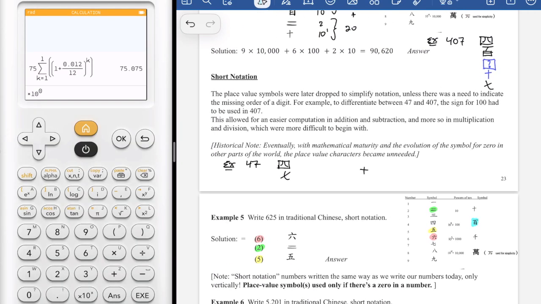I would do the same thing here. This would go. This would go. I didn't have anything for this to begin with, so this is what I'd be left with. So 407 would have the same array of characters as 47, right? So it would lead obviously to some confusion, right?